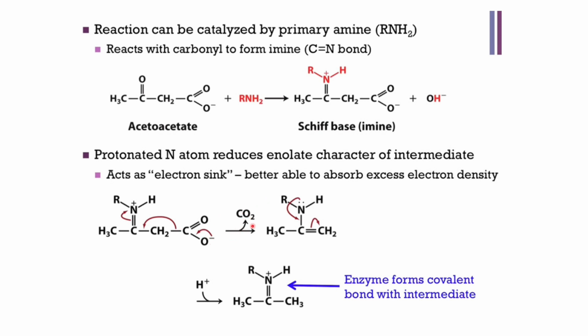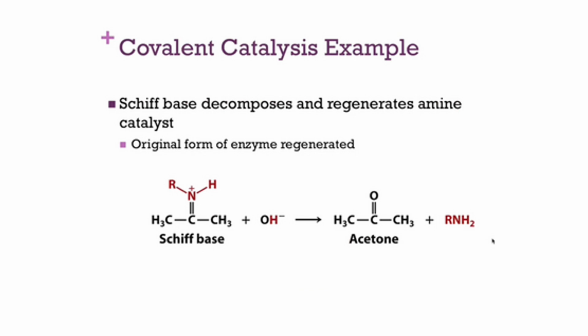The intermediate then accepts a proton and the CH2 group becomes a CH3, while the enzyme RNH plus is covalently bound to the intermediate. The intermediate, which is a Schiff base, now again reacts with the hydroxide, forming acetone, which is the end product, and the amine catalyst is regenerated.